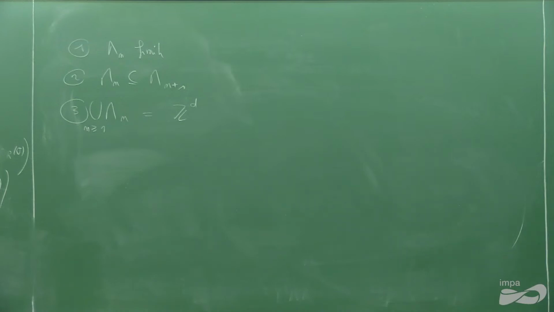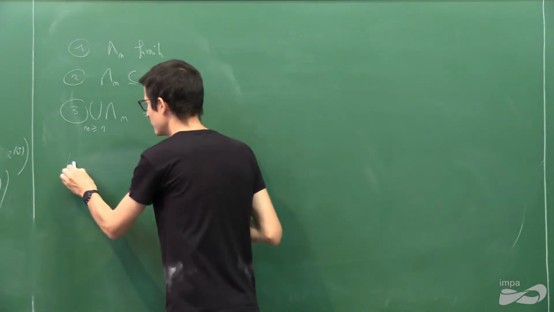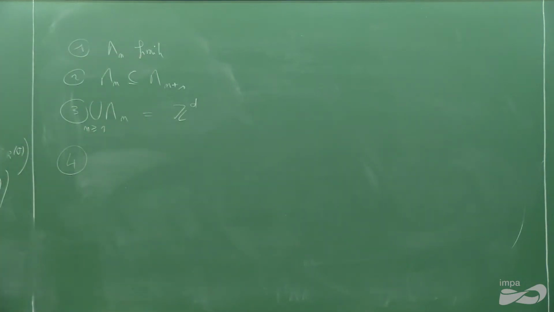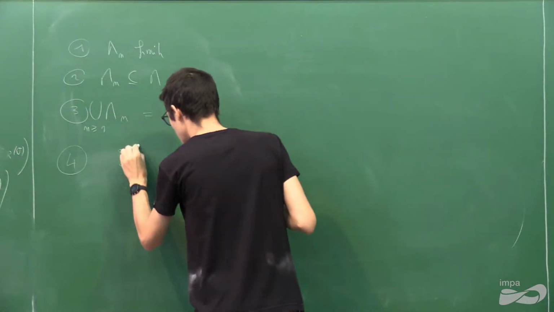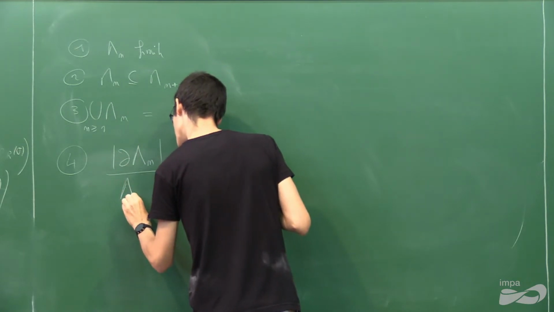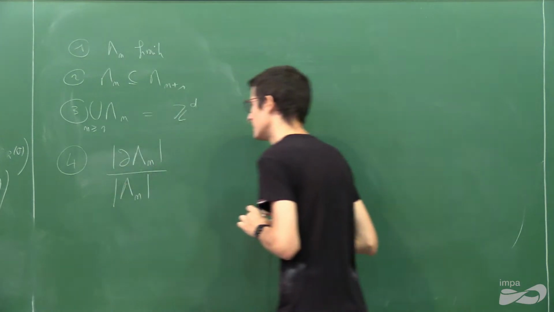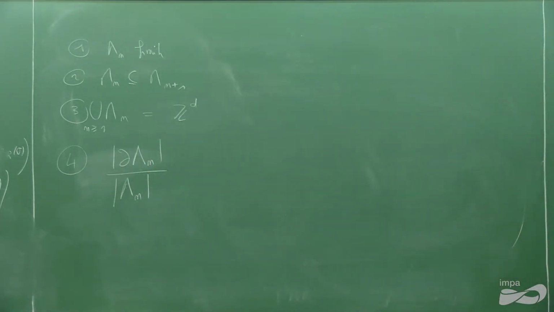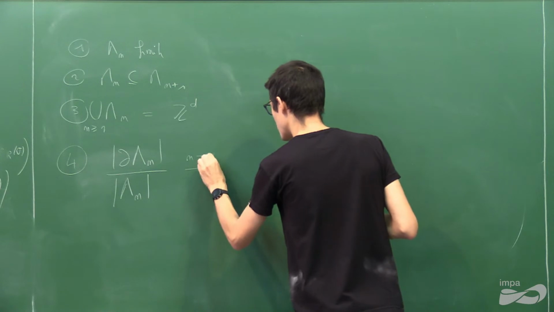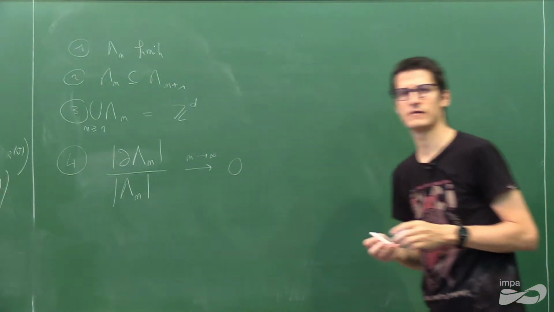But to get something relevant when you take the limit for the free energy, basically you want to take another assumption, which is that the size of the boundary of lambda n is negligible with respect to the size of lambda n.